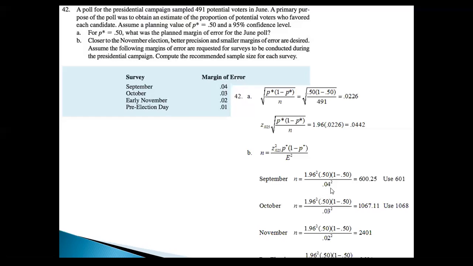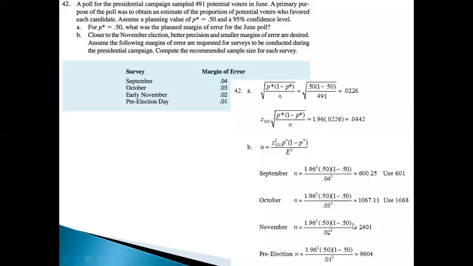So we're going to put the 0.04 in, can do that calculation, we get 600.25, so round that up to 601. October, well, we go ahead and move that 0.03 here, it simplifies to basically 1068 after you round up. This one gives us a nice number, 2401, and then when you put a 0.01 in, it gives us 9,604.